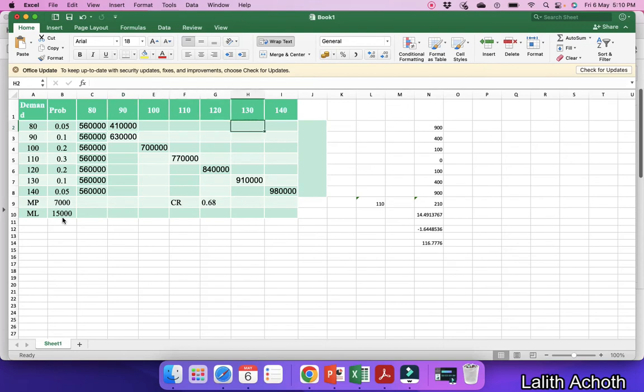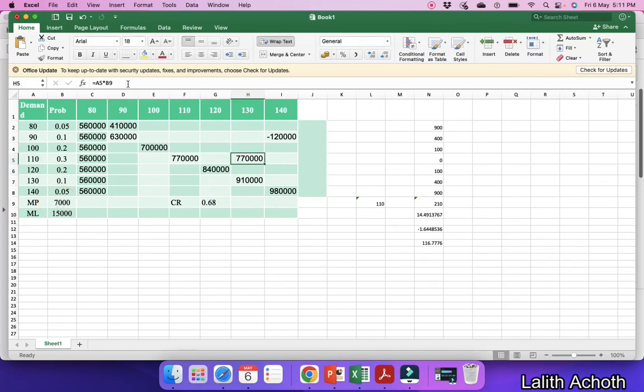I'll just take a value here, somewhere here. Now here what happens? So he will sell 90 units because the demand is 90 units. And on the difference, he has 130. So his demand is 110 and he's got 130, he can sell all the 110 and make a profit of 7,000.